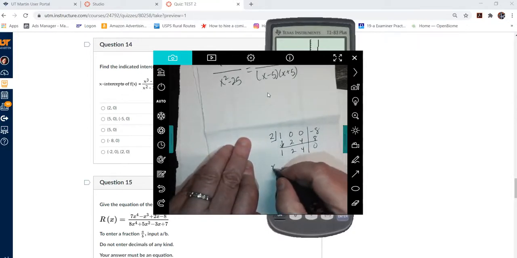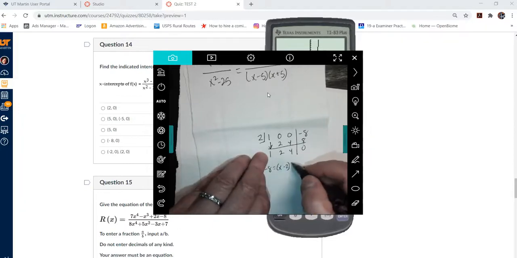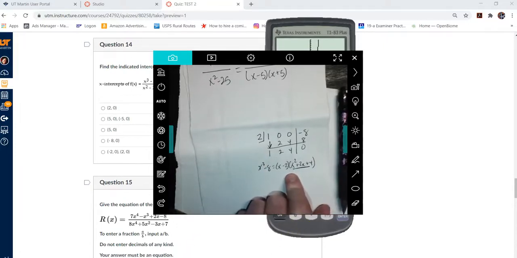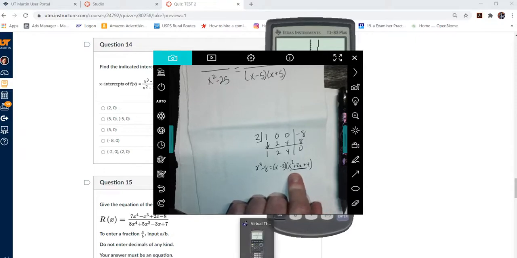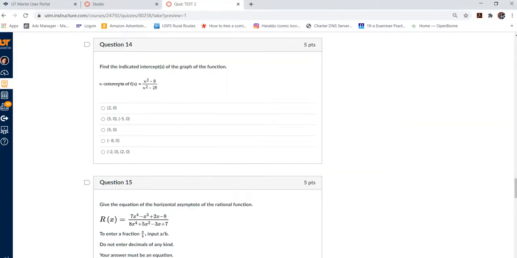And so x cubed minus 8 is equal to x minus the number in the box times x squared plus 2x plus 4. And I bet that doesn't have any real zeros. Let's look at x squared plus 2x plus 4. Okay, so it doesn't have any real zeros because it doesn't have any x-intercept.